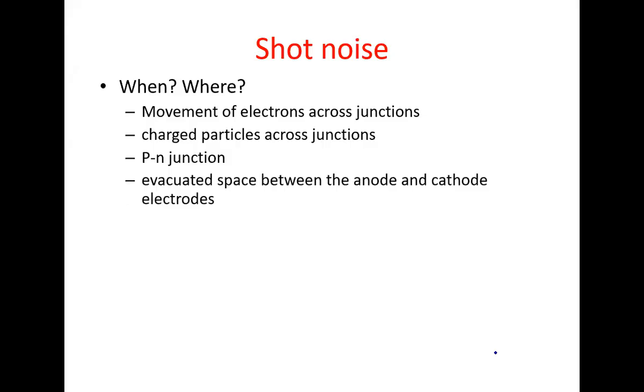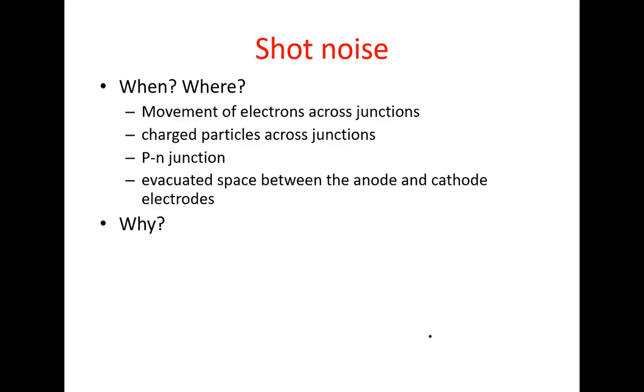For example, in evacuated spaces between the anode and the cathode of electrodes, you are likely to see shot noise. Or not likely, it's going to occur. So when does it occur? When electrons move across the junctions. And where? Where we have charged particles, in p-n junctions.